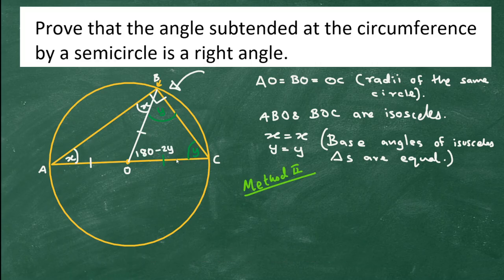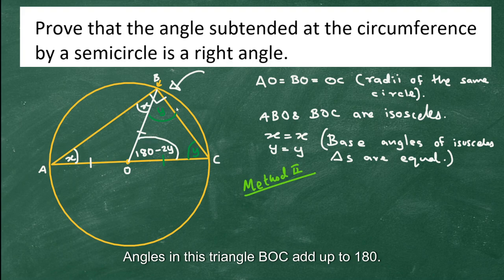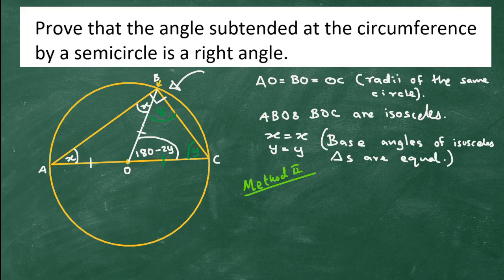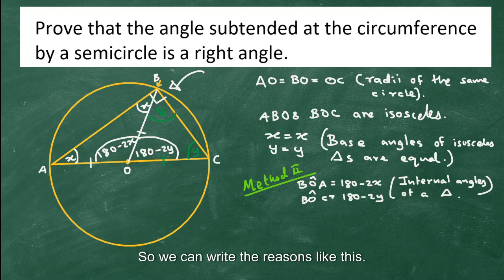What's the reason? Angles in this triangle B, O and C add up to 180. Similarly, I know this one here is 180 take away 2x. What's the reason? These three should add up to 180. So we can write the reasons like this.